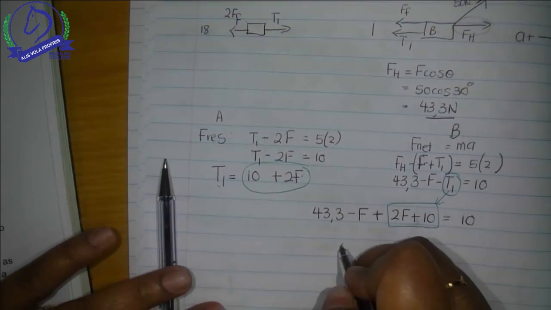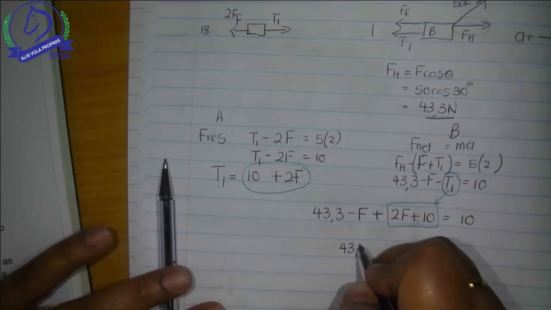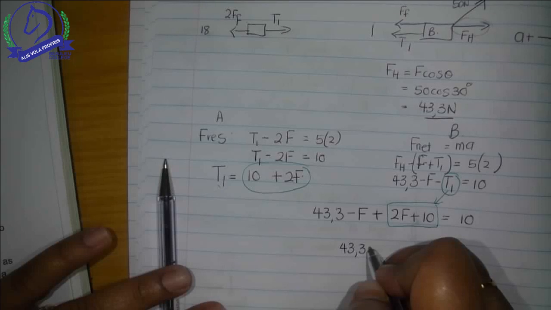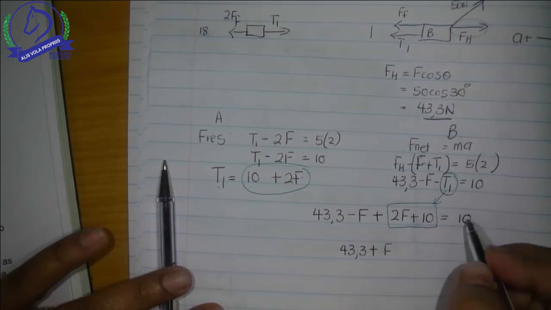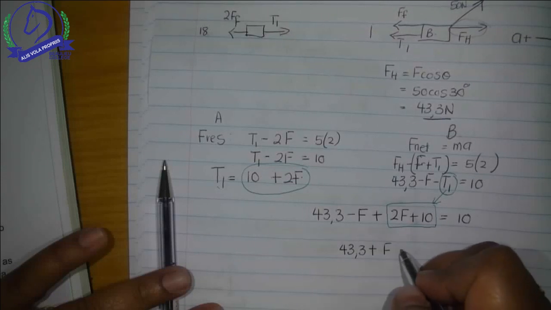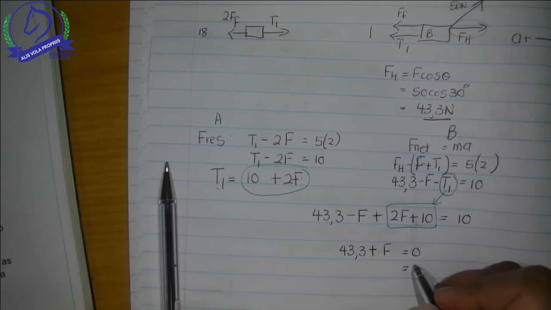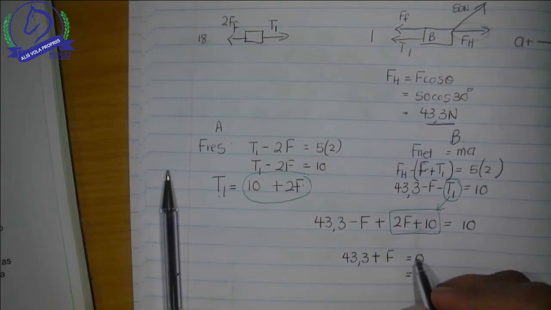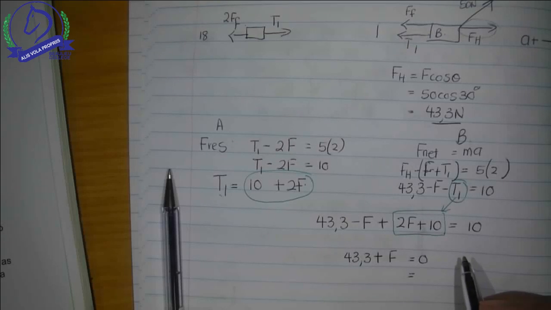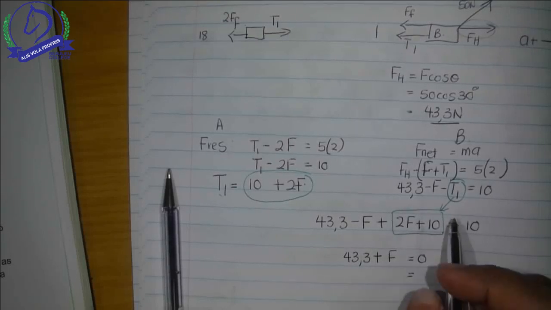Okay, simplify further. 43,3 plus F, and if I take the 10 onto the other side, I get 0, and therefore I'm going to get my F, my frictional force. I just want to see something here.